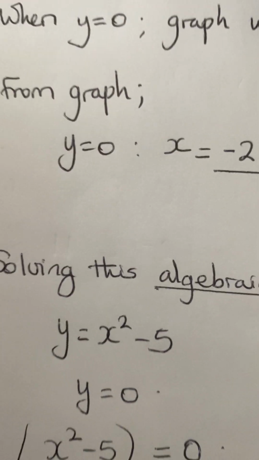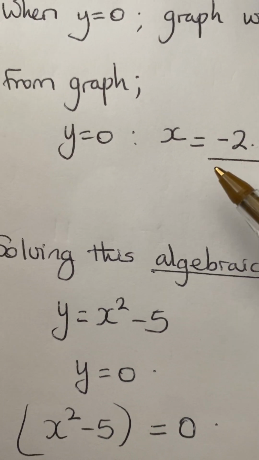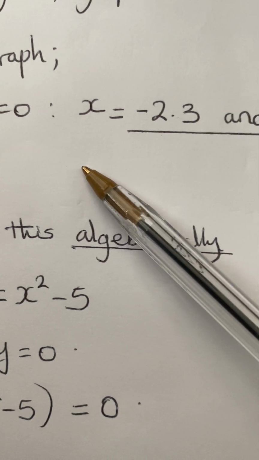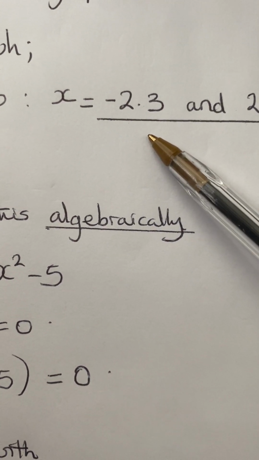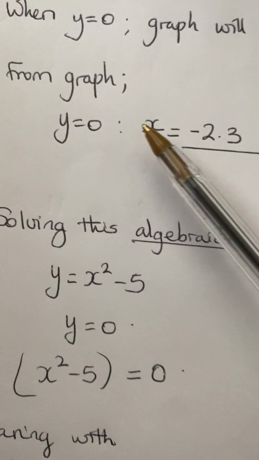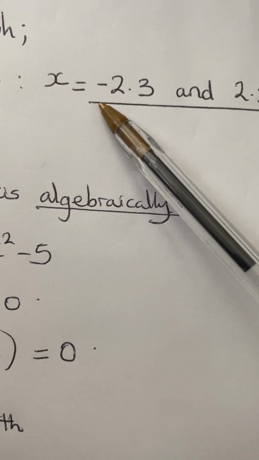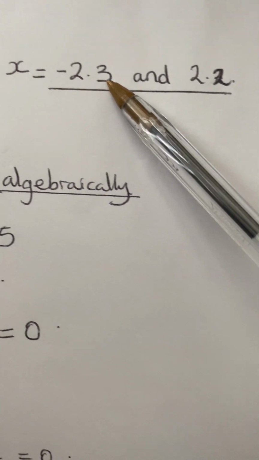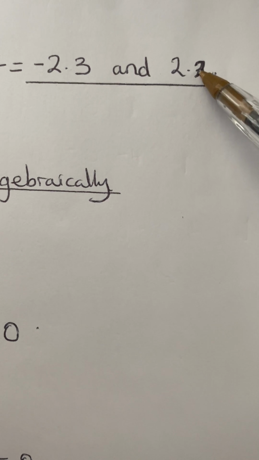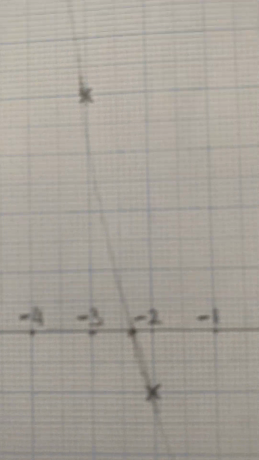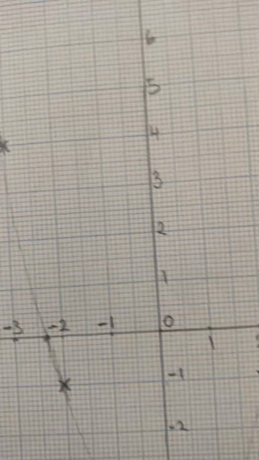So here on the graph, when y is 0, x equals minus 3 and plus 2.2. That is what I got on my graph. So that is what I'm going to write. Okay.